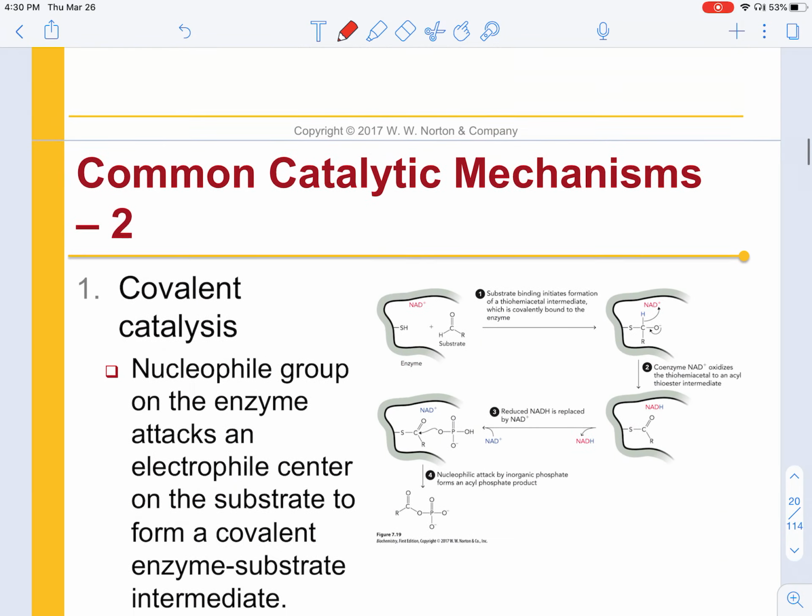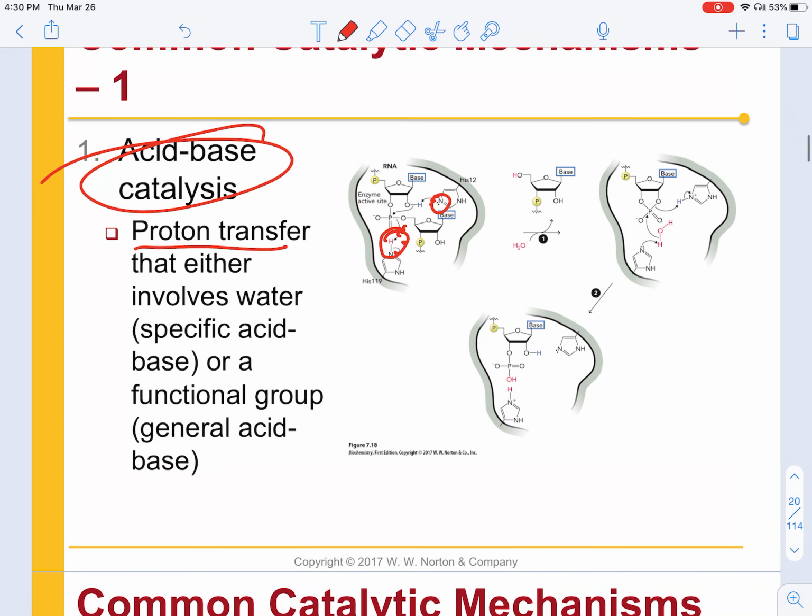There are two types of acid-base catalysis. There is general acid-base catalysis and specific. So specific involves water. The way I think of it is it's specific because there's one thing that has to be involved. The proton has to come from water. Right?